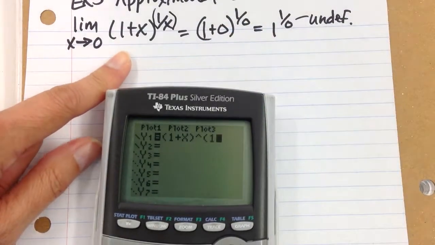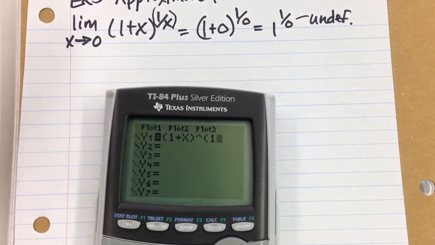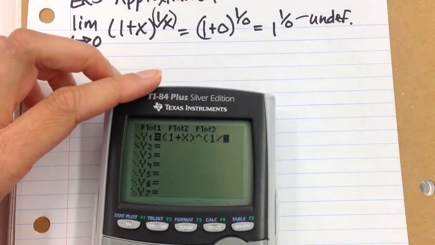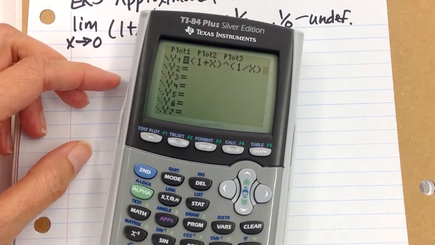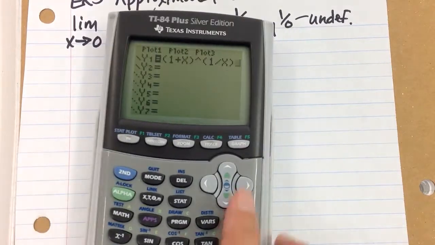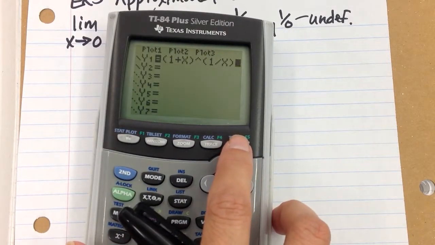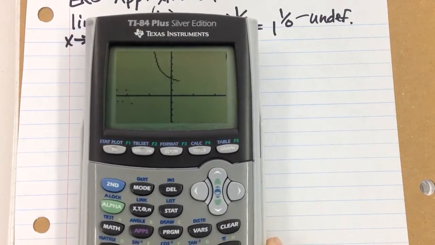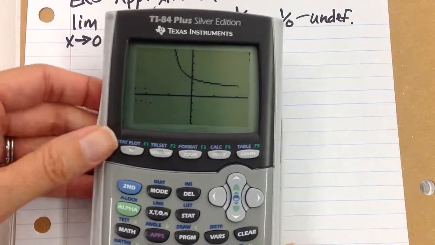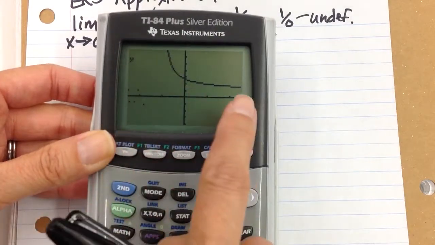So, you know, half of this lesson is entering things correctly into your graphing calculator. And that takes practice. So 1 plus x to the 1 over x. Let's see if we get a graph. Okay, so we do get a graph.